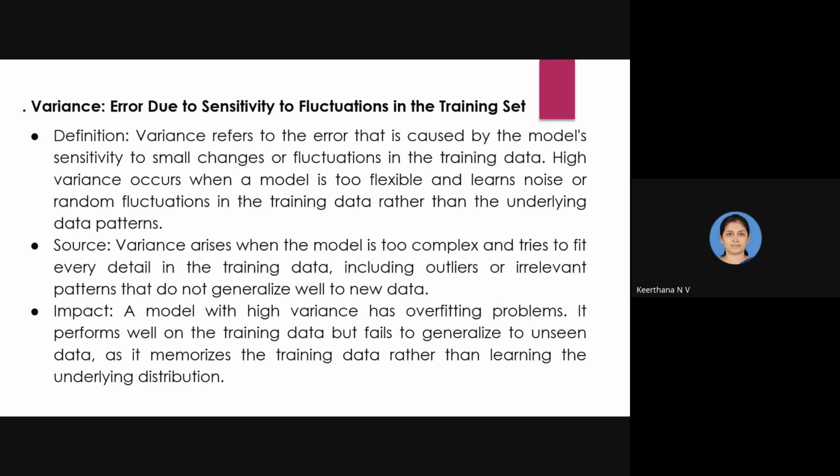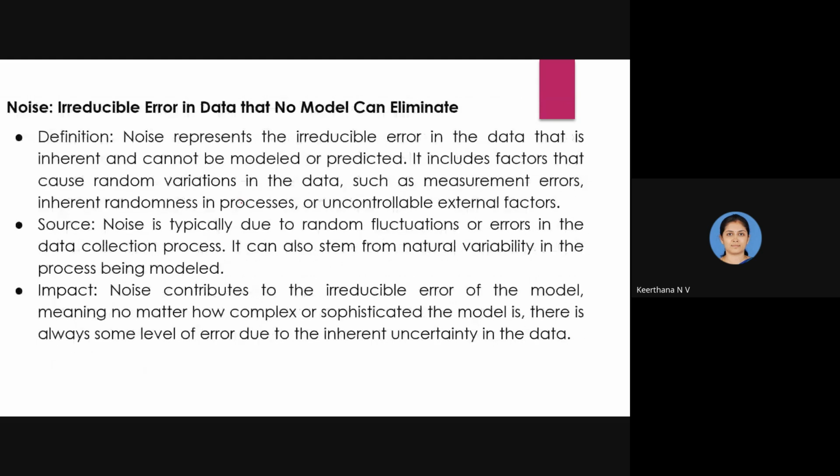So there are two kinds of variance, same as bias: high variance and low variance. High variance is for overfitting and low variance is for underfitting models, same as bias. So the next thing is noise.